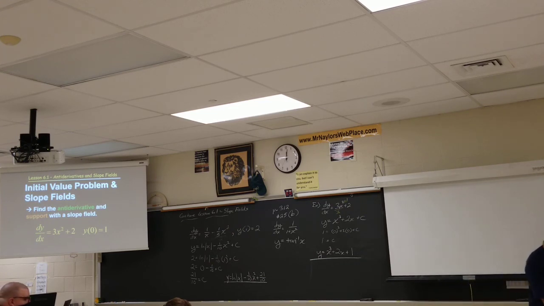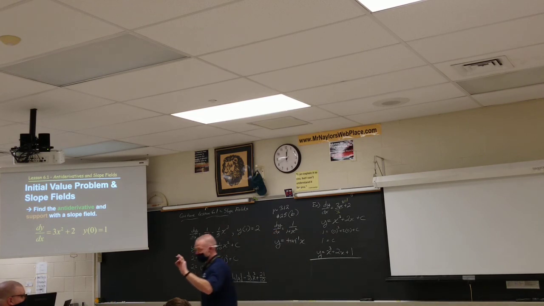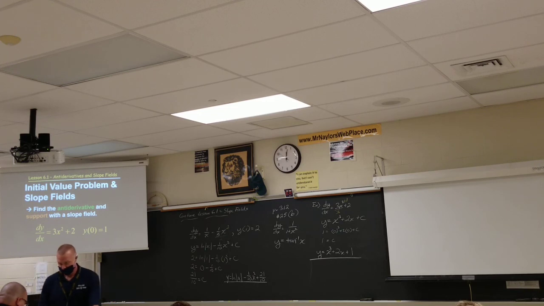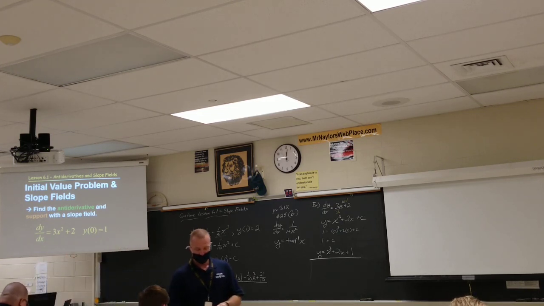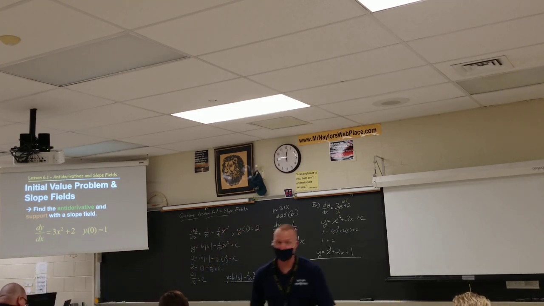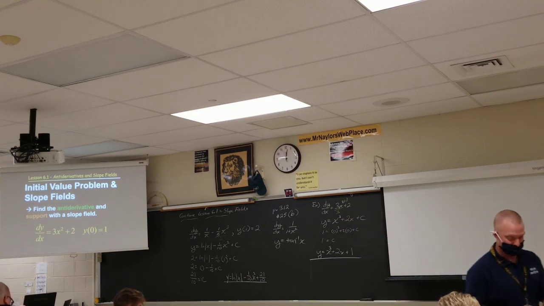On the exit ticket, though, you guys are going to show me your calculator, and I'm going to initial it to say, hey, you got the idea. So you don't have to draw anything for the exit ticket. But you do have to show me your calculator.